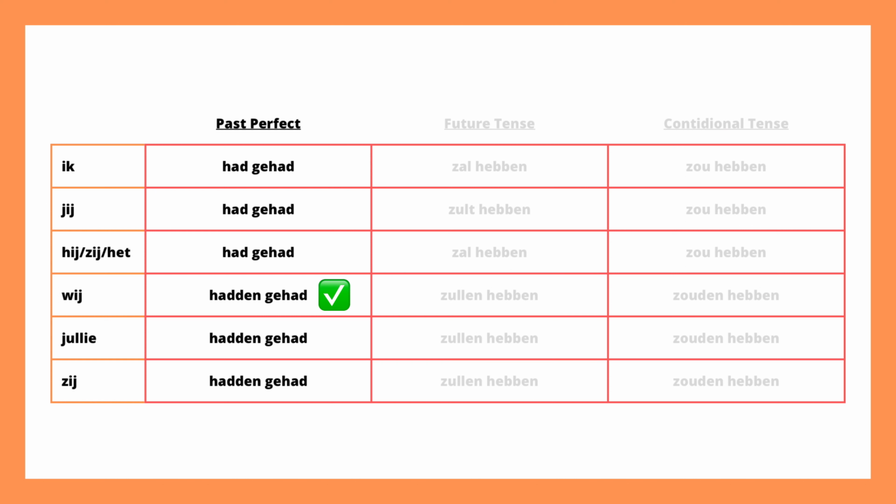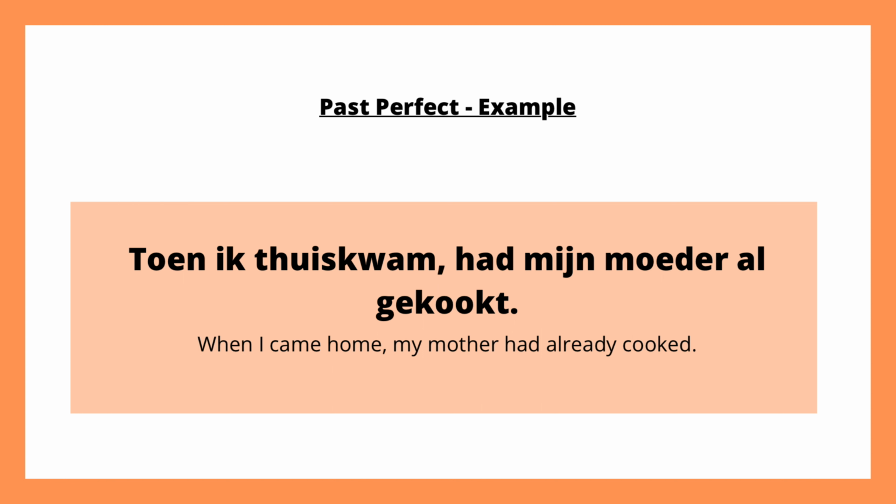Wij hadden gehad. Jullie hadden gehad. Zij hadden gehad. For instance, toen ik thuis kwam, had mijn moeder al gekookt. Means, when I came home, my mother had already cooked.